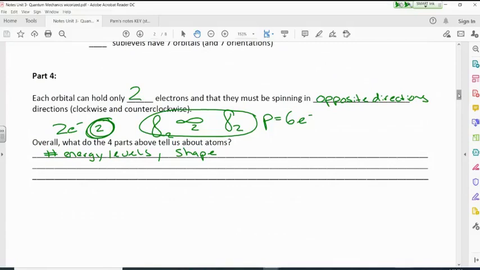The next one, how many of those shapes, so how many orbitals? Like this has 3 and this one has 1. So how many orbitals or shapes will those electrons take? And then lastly, the number of electrons it can hold.